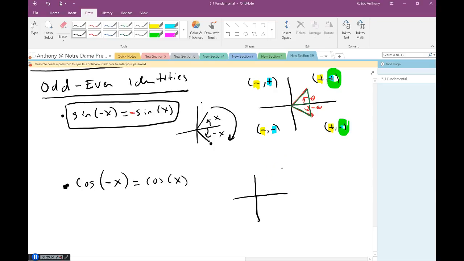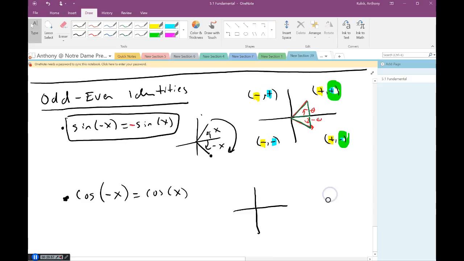If I do the same thing with cosine, if I draw a negative, oops, we're supposed to be using thetas right now. Sorry, guys. Oh, good point. Thank you, Julia. So if I have cosine theta in the first quadrant, and I make it negative, it's still positive.